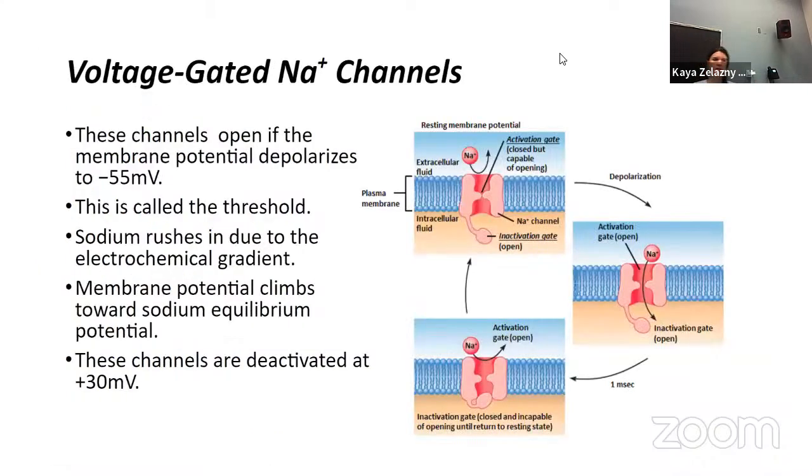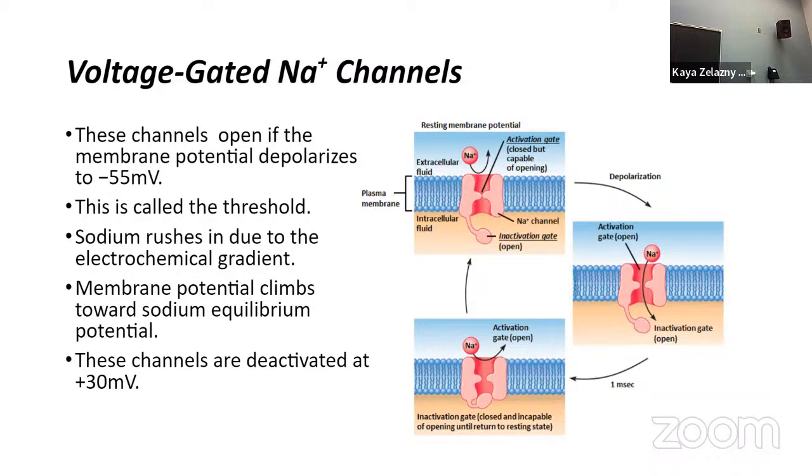Okay. So we're going to start with the voltage gated sodium channels. The reason we're starting with the voltage gated sodium channels is that we know sodium is waiting. It wants to rush into that neuron, right? We're really far away from the equilibrium potential. We have a really strong electrochemical gradient because we have both our electrical and our chemical driving forces pointing into the cell. So our action potential actually is essentially a wave of sodium ions being allowed to rush into our cell.